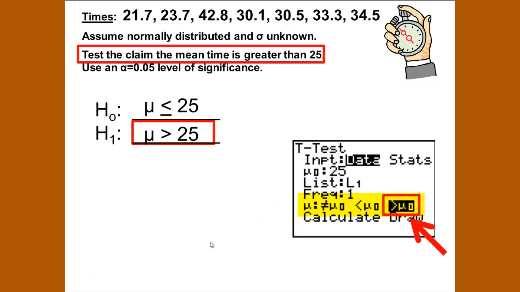Since we're testing the claim that the mean time is greater than 25, and our alternate is mu is greater than 25, remember that we'll always look at the alternate for this line, and since that's greater than, we will select the greater than symbol and make sure it's highlighted.